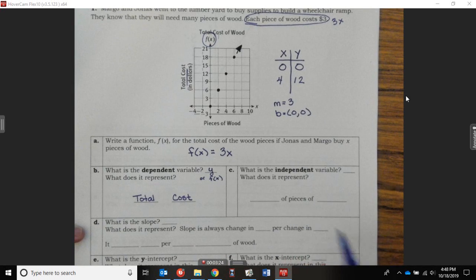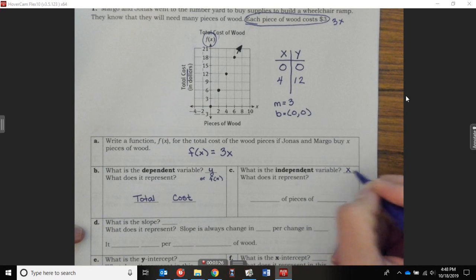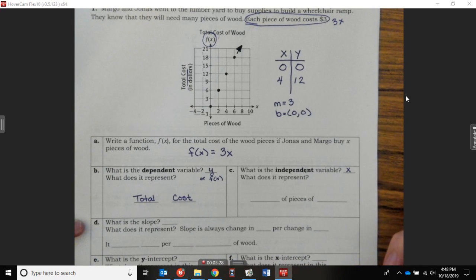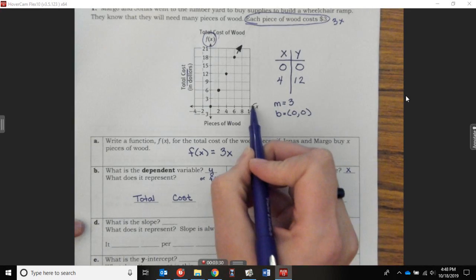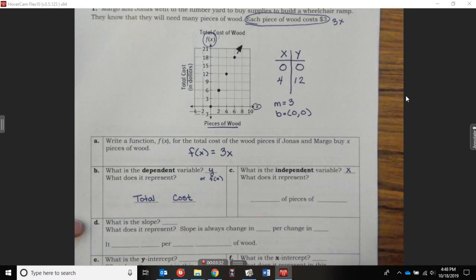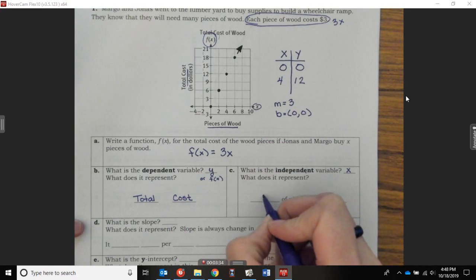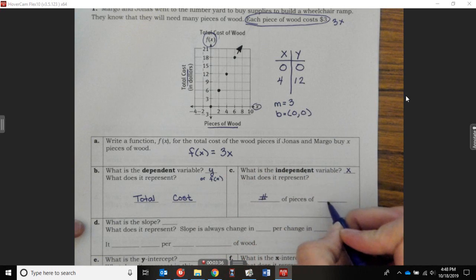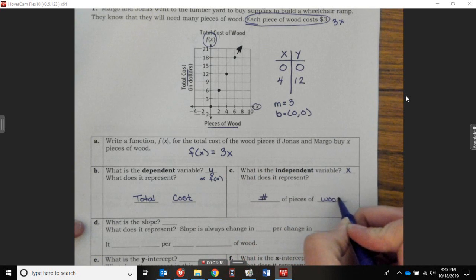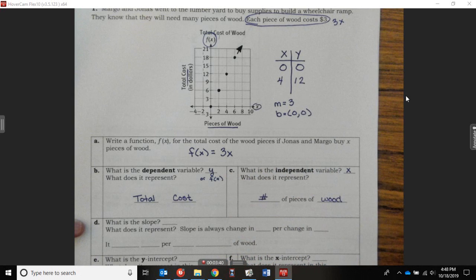And then the independent variable is always your x value, so that means it's the pieces of wood. But I like to say it's the number of pieces of wood, because we do know how much they cost, so I can't just say pieces of wood. That's not very specific. We need to be specific in our variables.